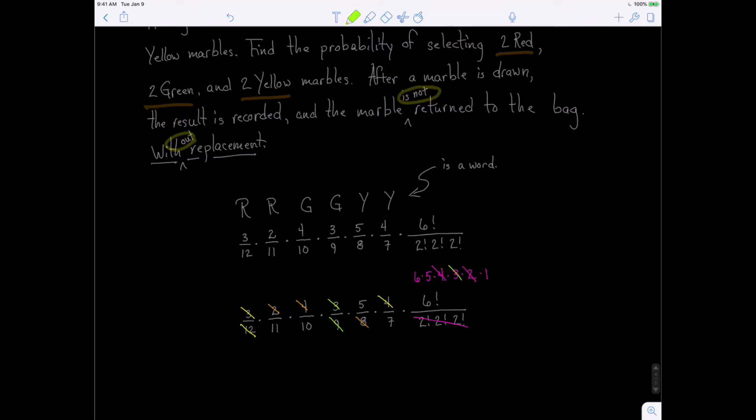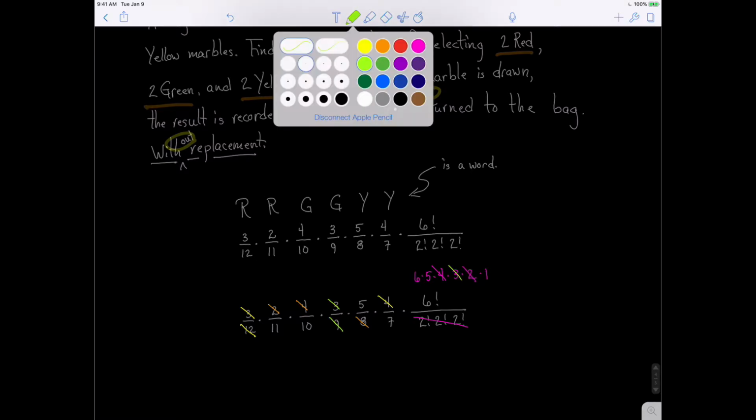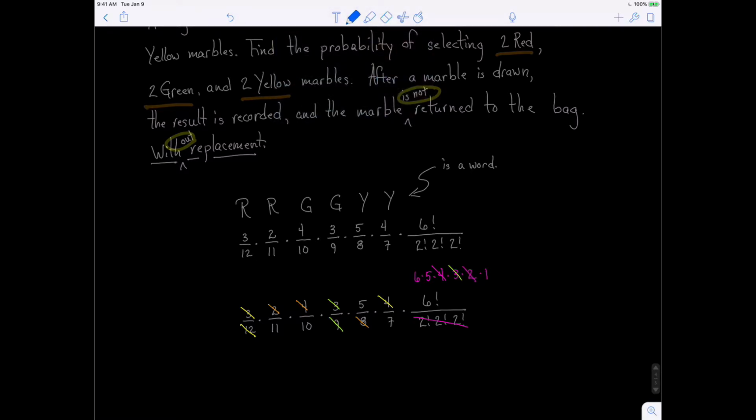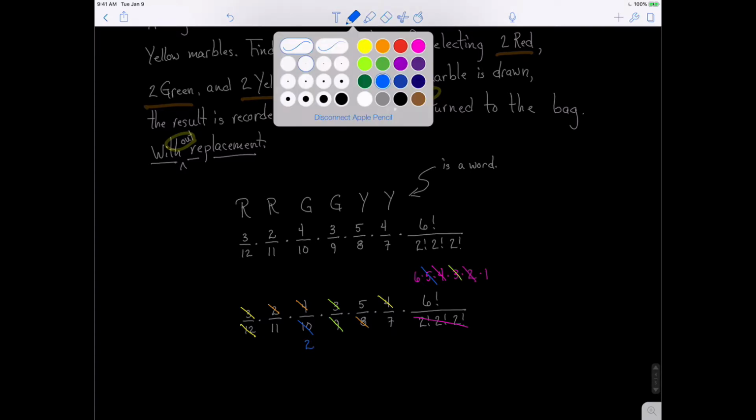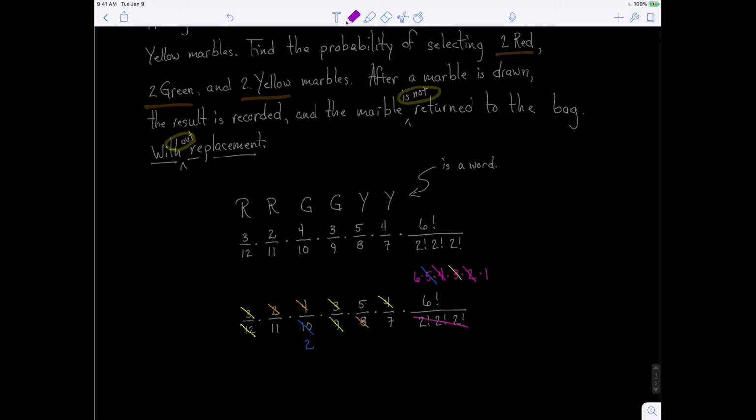Let me see if I have all of those. Oh, look at this, got another one in here. Let's put another color, about blue. So here's a 5. That would cancel the 10 to leave a 2. And then that 2 will reduce. So let's do that in this nice purple color. This 2 will reduce a 6 down to a 3.